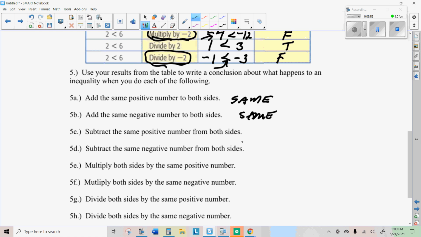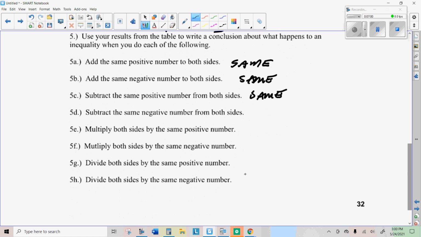If you subtract the same positive number, they will be the same. And I'm just going down the list. The only time they won't be the same is when you multiply both sides by a negative number. The inequality actually is reversed to make it true. And when you divide both sides by a negative number, you have to reverse it.